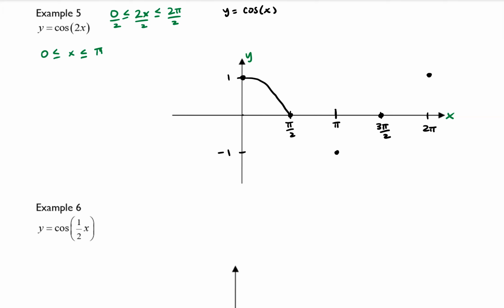So here I'm graphing our regular cosine graph, and then in green, I'm going to graph y equals cosine of 2x. And I know again that our domain is between 0 and pi for one period. So that means it's getting smushed in horizontally. So this is going to be 3 pi over 4, and this is going to be pi over 4, and it's going to look something like that.